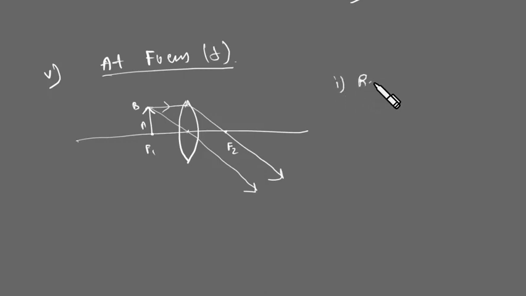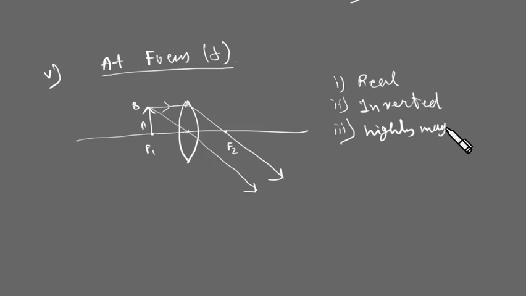Again, we can say it is real because they can meet at the infinite distance. It is inverted again, because it is on the bottom side of the principal axis, and then it is highly magnified.